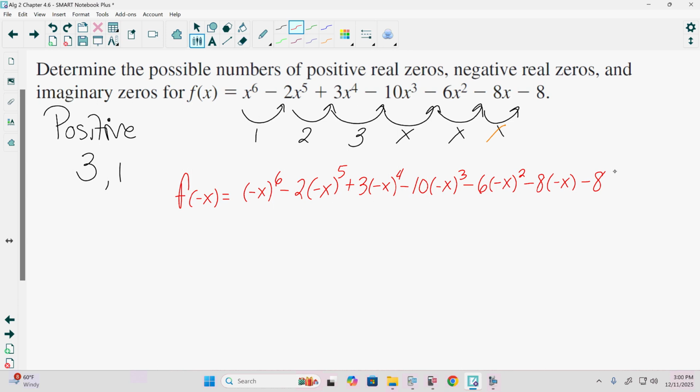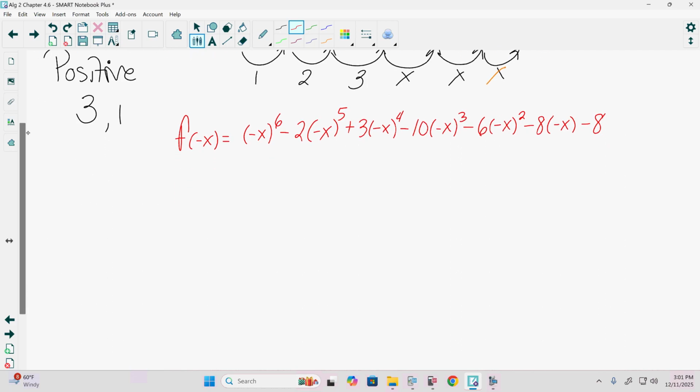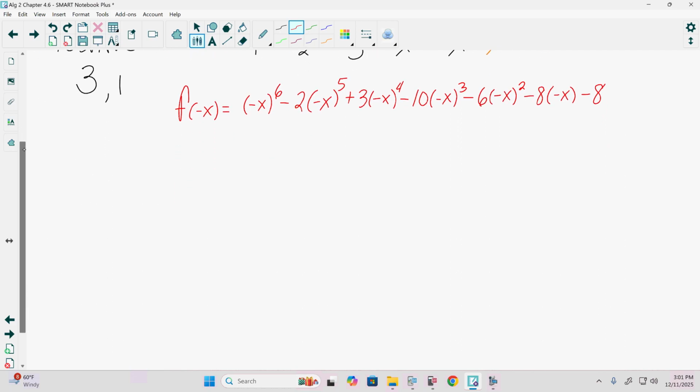So we have negative x to the 6th minus 2 times negative x to the 5th plus 3 times negative x to the 4th minus 10 times negative x cubed minus 6 times negative x squared minus 8 times negative x minus 8. Now once we simplify each one of these, then we can count the number of sign changes, and that tells us how many negative zeros we can have.